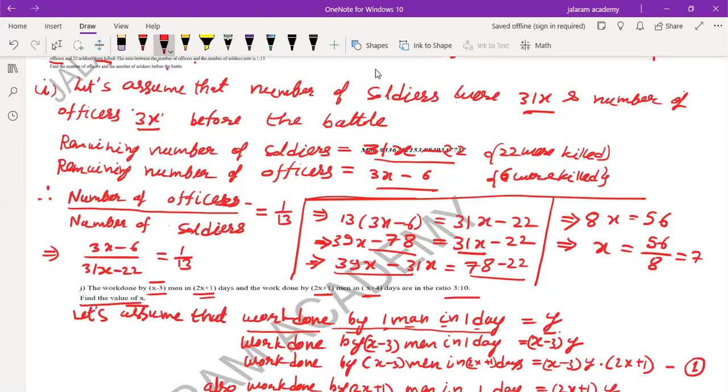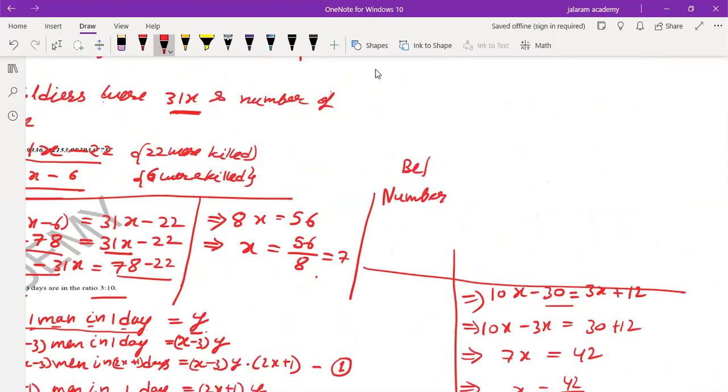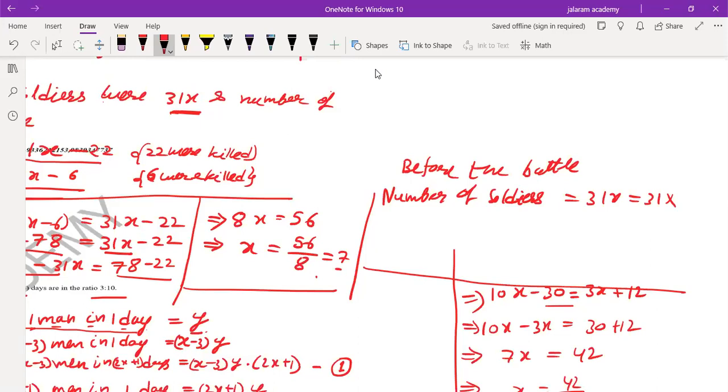And what do we have to find? Read the question. Find the number of officers and number of soldiers before the battle, which we have already assumed as 31x and 3x. So before the battle, the number of soldiers was 31x and the value of x we have obtained is 7.